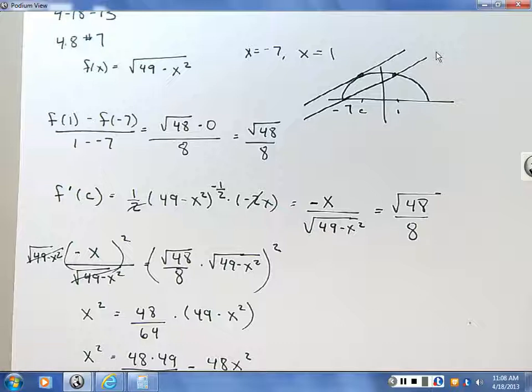Don't you take the x minus 1 to the minus 1 and then multiply it by x? You can't do that. You can't write x squared to the minus x to the minus 1. That's illegal.